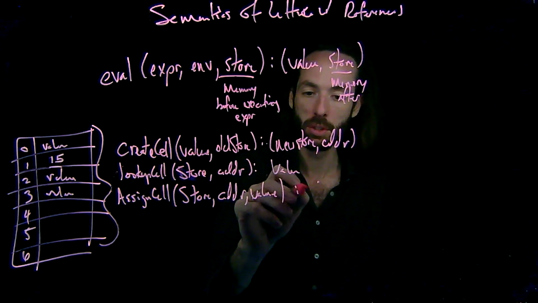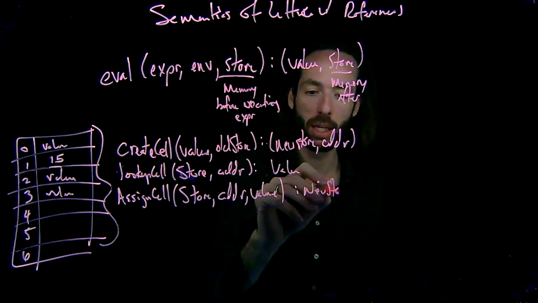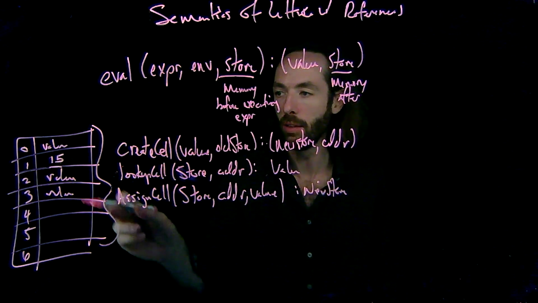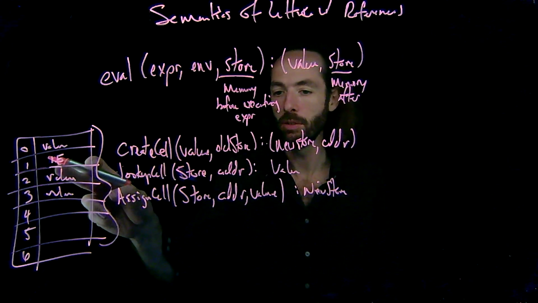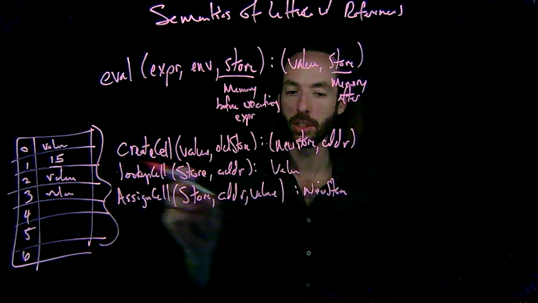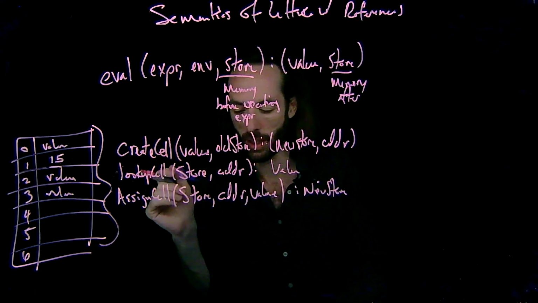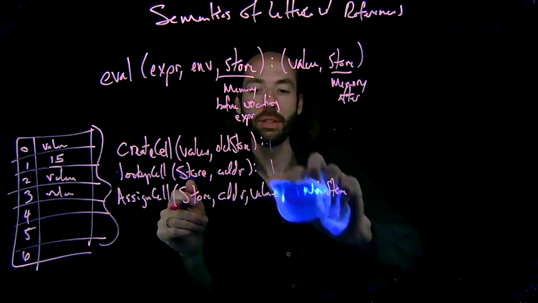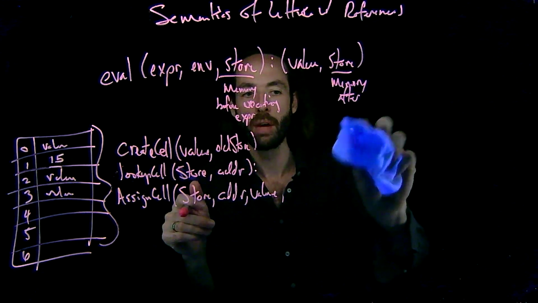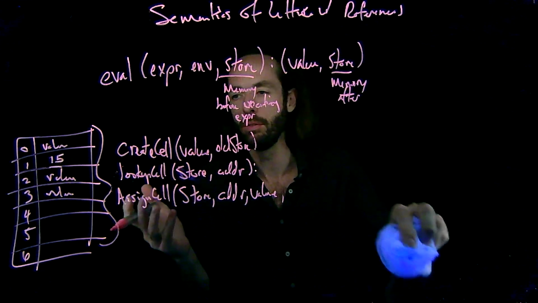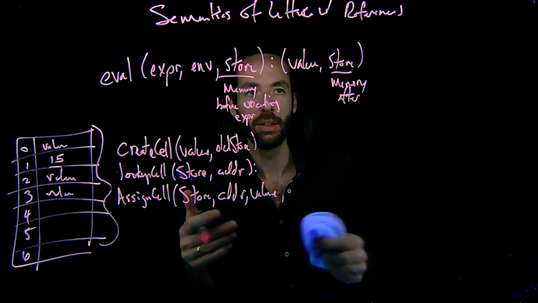And this should return a new store, the updated snapshot where I have modified my values. So if I switch out 15 for 35, I should return a new store with that 35 there. So these are going to be the primitive structures for handling memory, just like we had the primitive methods for handling an environment.